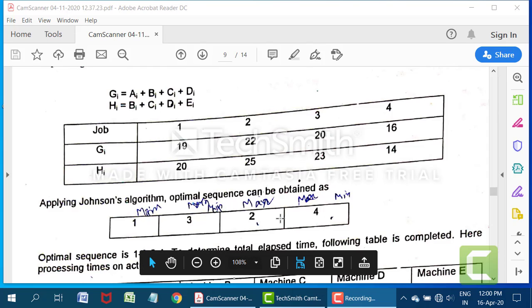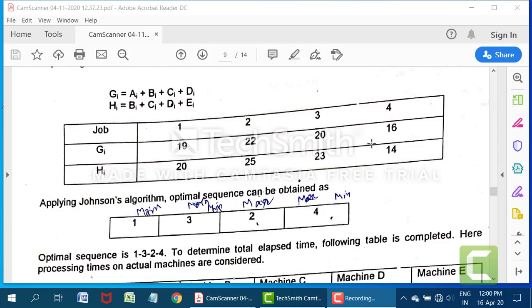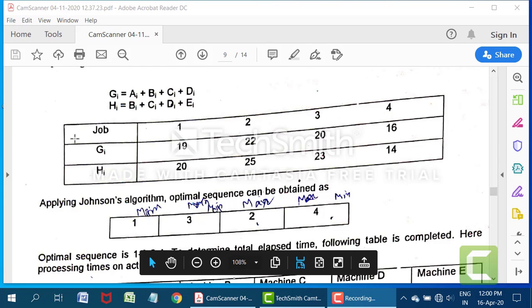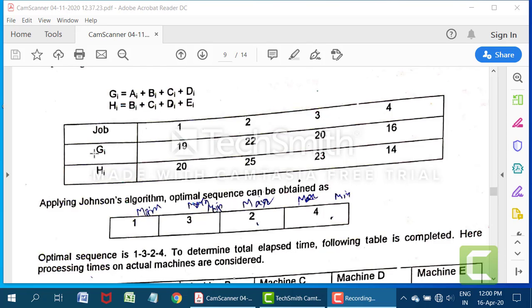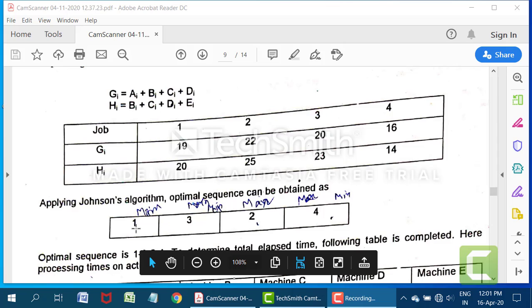So next to last, job number 3. Sorry. This minimum processing time 20 is there on the first machine, sir. Then for the first machine, the corresponding job number must be placed in the beginning of the sequence. In the beginning, 1 is already there. So next to the first, we have to fill from here.